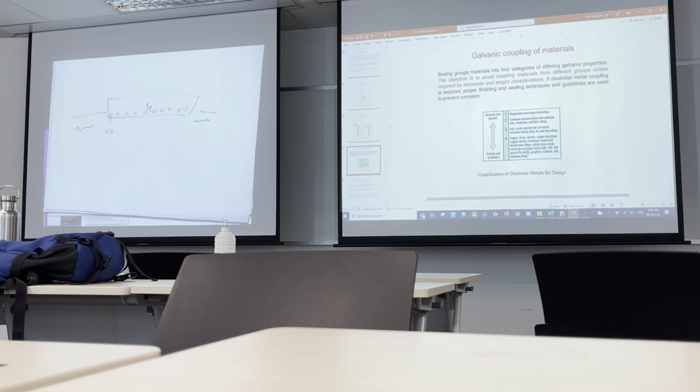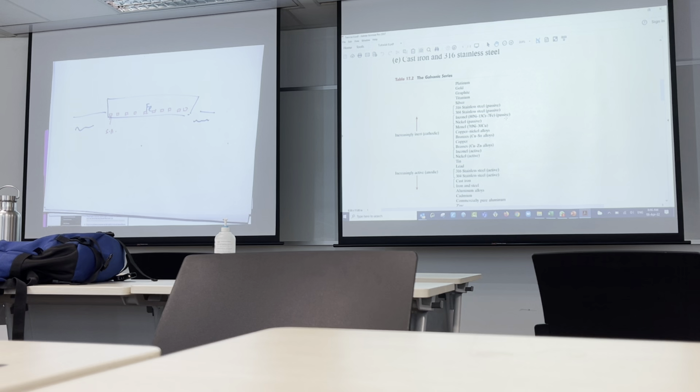The one that is not likely to corrode, they put at the bottom. It's up to them. But within the same group, they will try to use materials of the same group together. They will never want to cross groups whenever they do the design. And this is because of the reason that we talk about the galvanic series. So this is their way of actually doing the galvanic series. Okay, make sense?